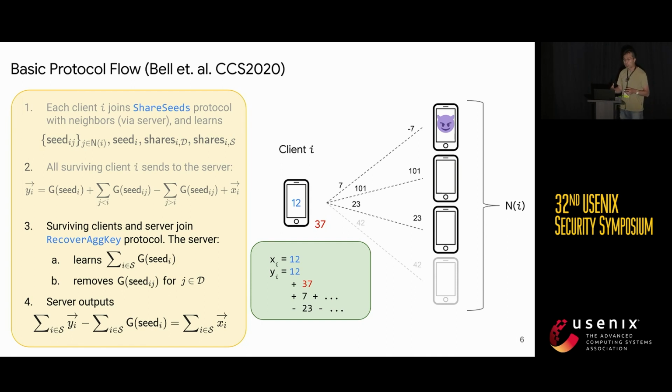This subprotocol allows the server to learn the aggregation of self-masking secrets, and also to remove the pairwise masking secrets of the dropout clients. With all this knowledge, the server can now decode the aggregation result.